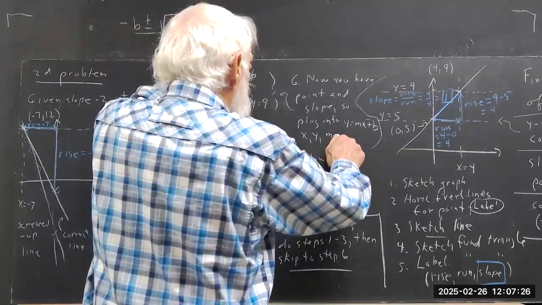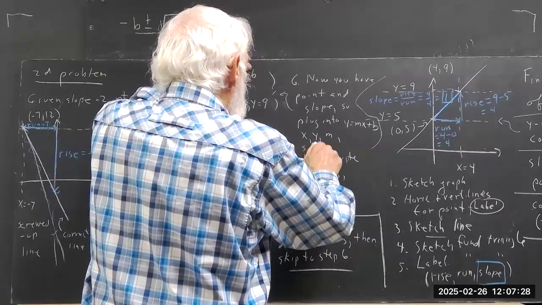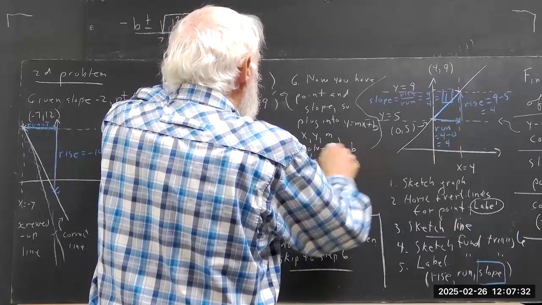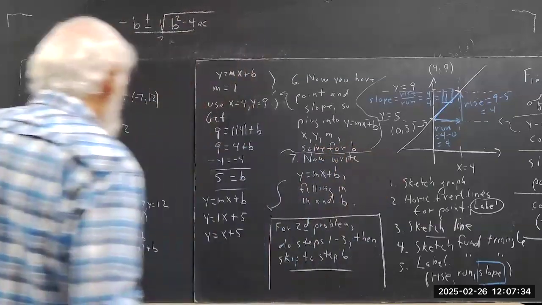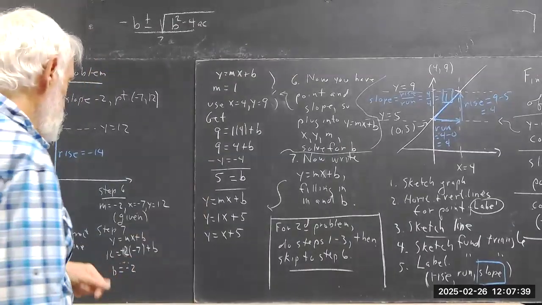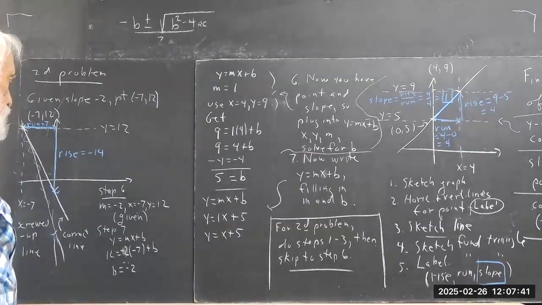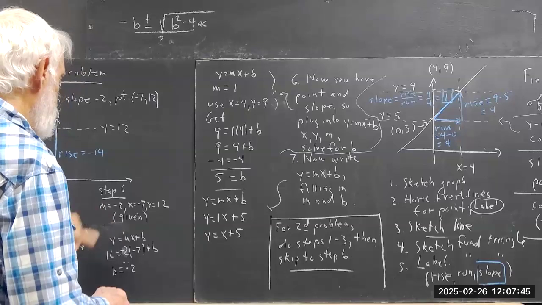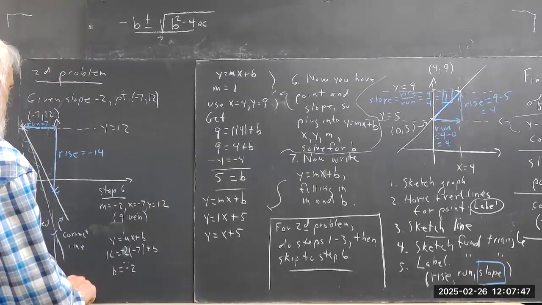I should write here: solve for B, because that's part of step 7. Then we plug in and we get this. So we're still in step 6 here. Now step 7.